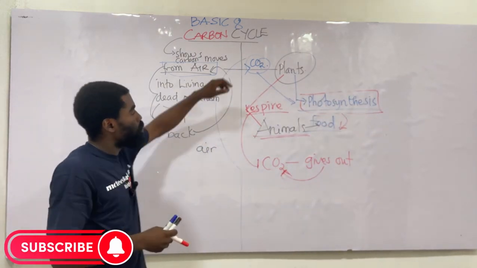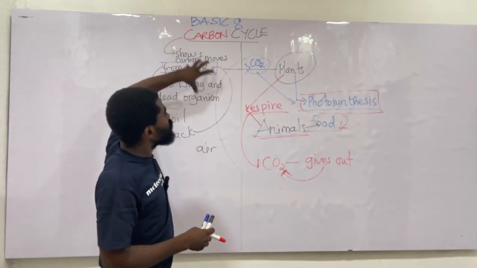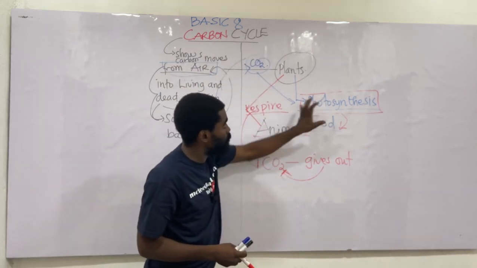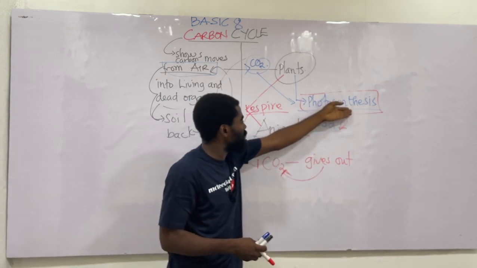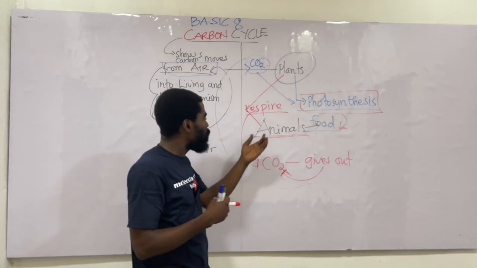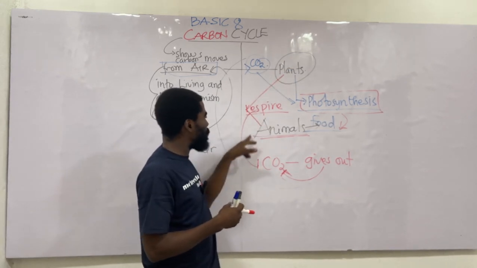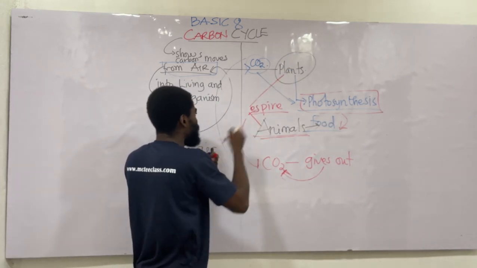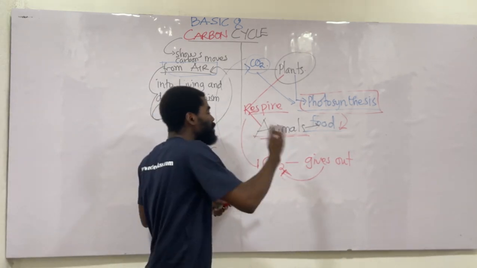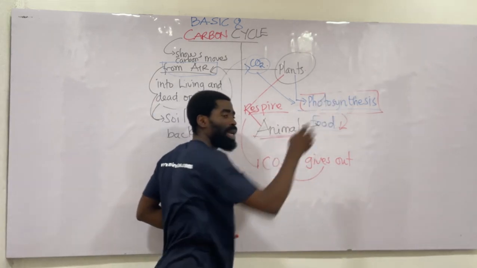I'm saying that plants will get the carbon dioxide. They prepare food through what? Through photosynthesis. Animals will feed on the food, then the carbon gets accumulated in their body. When animals and plants respire, what happens? We give out carbon dioxide to the atmosphere again.